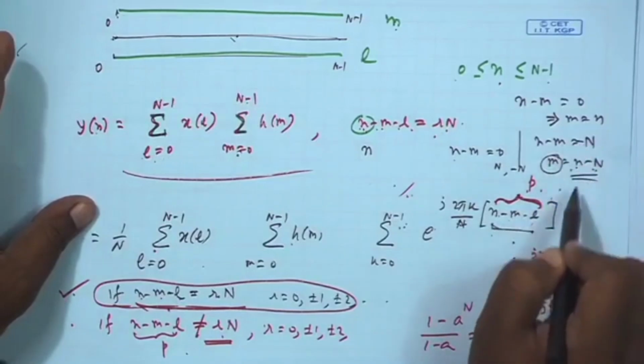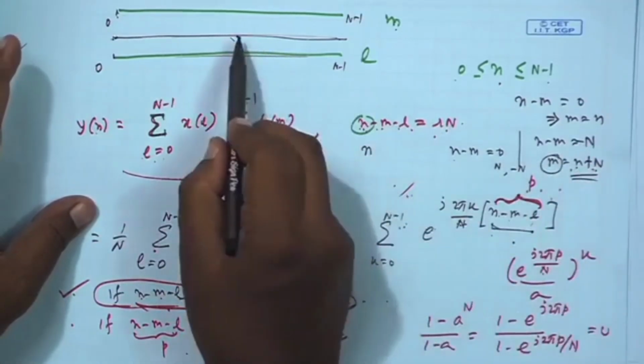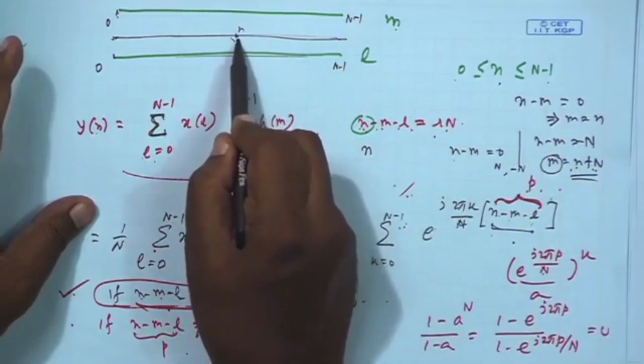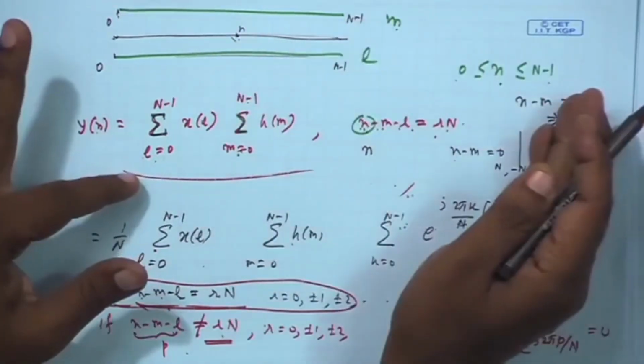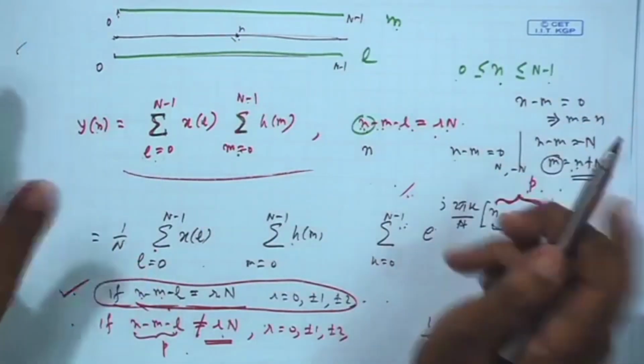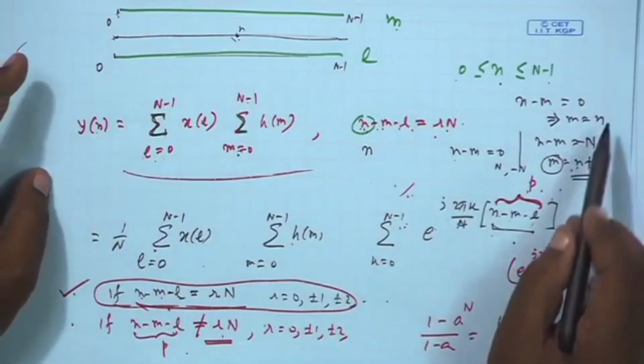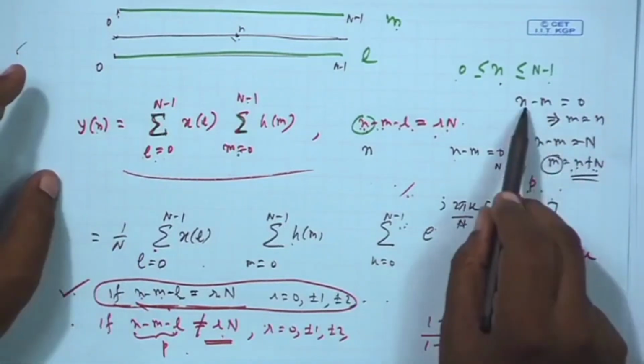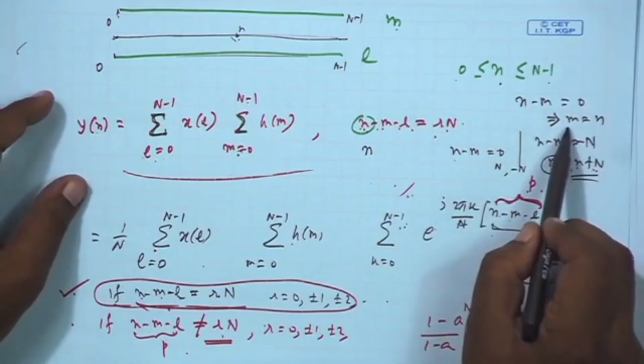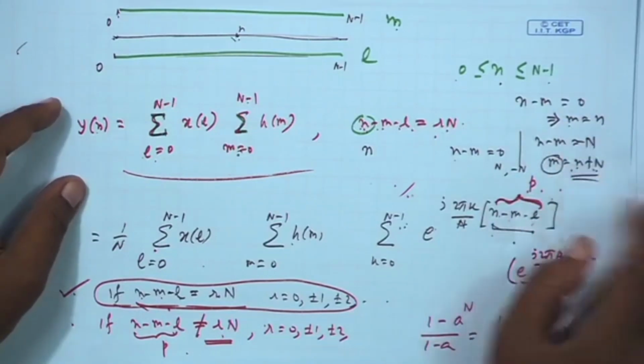If it is minus N, it will be n plus N, so from small n you are going to the right, beyond the range, and that is also not allowed. Similarly plus 2N, minus 2N are not allowed. So only n minus m equal to 0, which means small m equal to n.